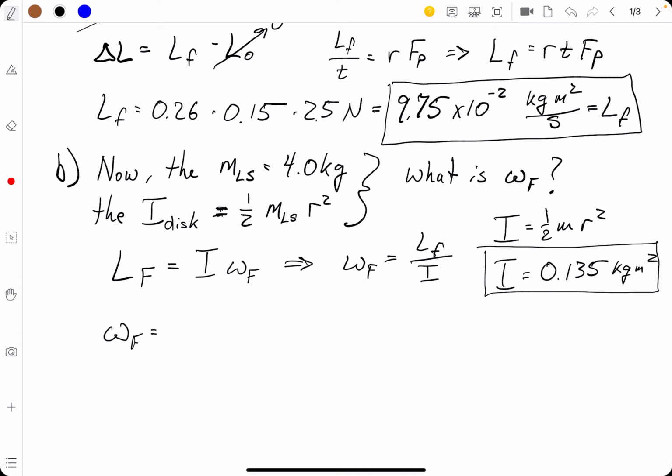So LF, let's put it in, 9.75 times 10 to the minus 2. I'm gonna put kilogram meters squared per second over there, and we're gonna be dividing by our 0.135.